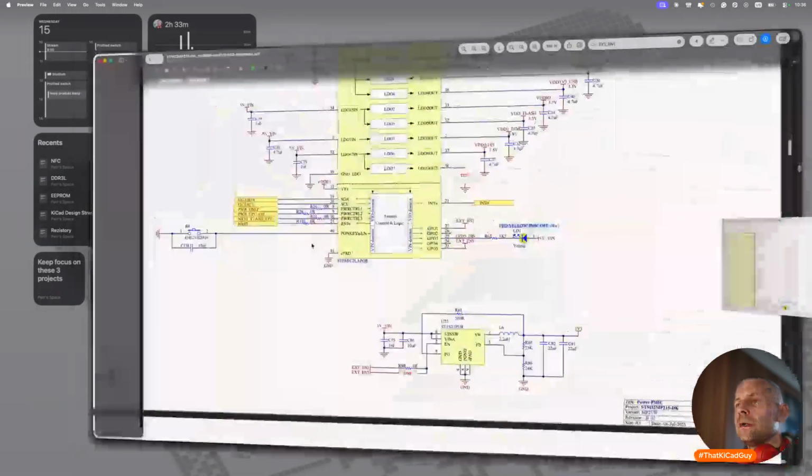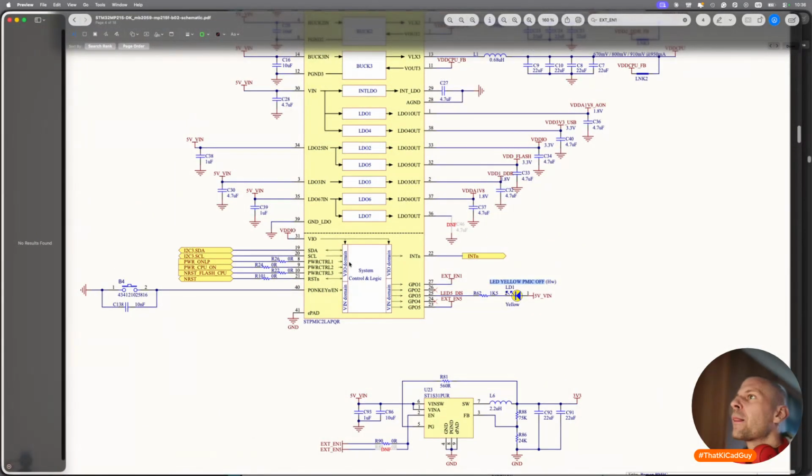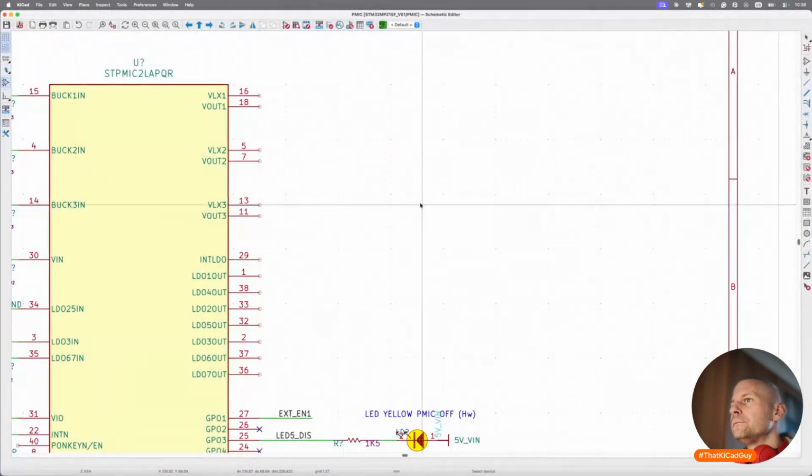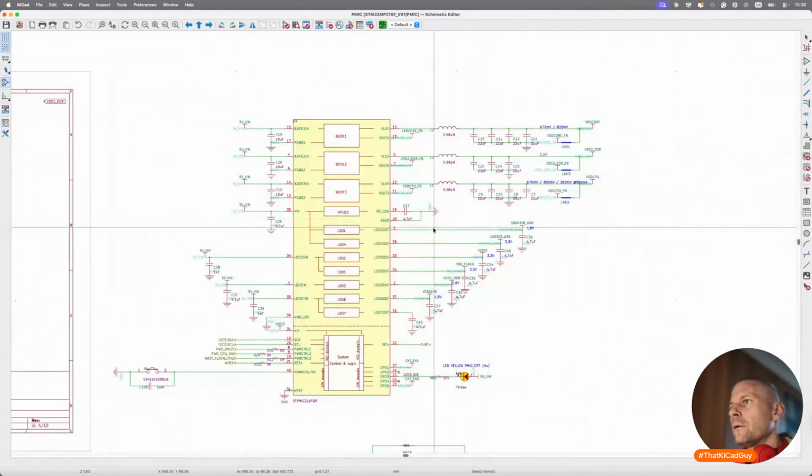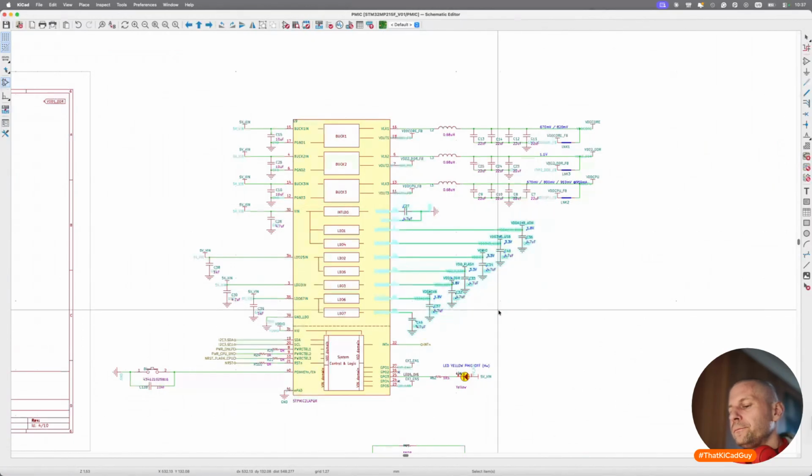Okay, the LDO outputs. Yeah, I will copy this, the entire block.